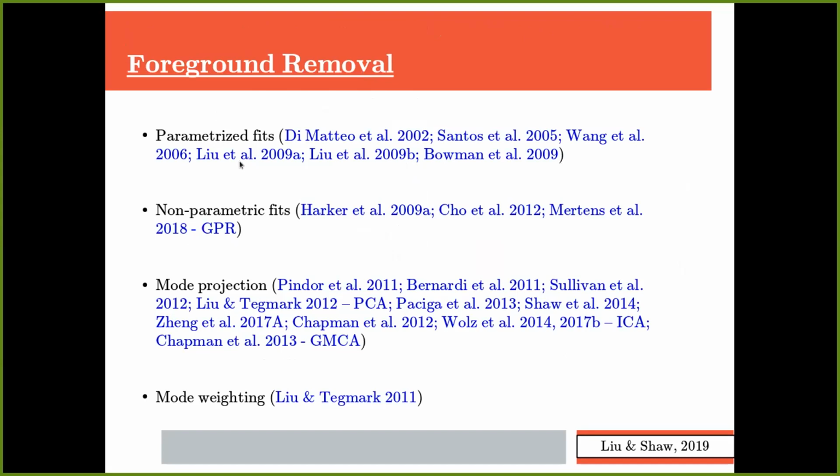There are many techniques available in the literature on how to remove the foregrounds from the data. However, most of them use the same principle, that the frequency decorrelation of the foregrounds is slower than the signal.